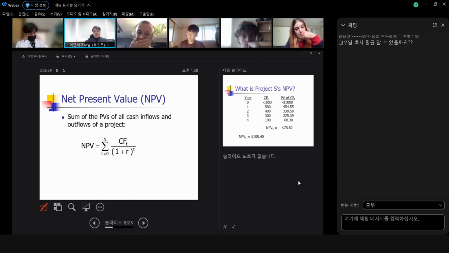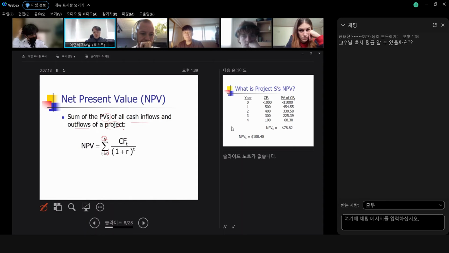So let's take a look at the NPV first. NPV is net present value. Net present value is the sum of the present values of all cash inflows and cash outflows of a project. So we can calculate the present value of all cash flows that happen during the project: zero as of today, 1 year later, 2 years later, 3 years later, and n years later, where n is the terminate date for the project.